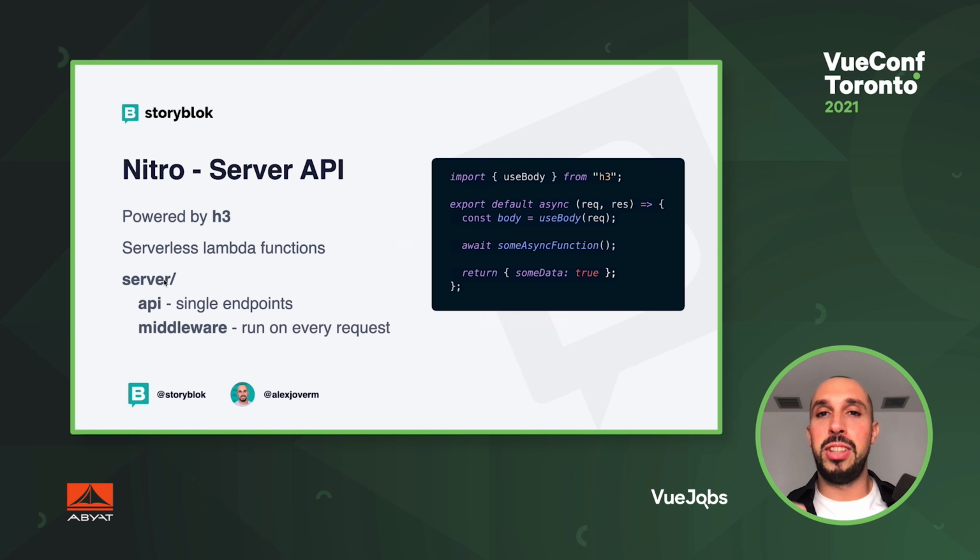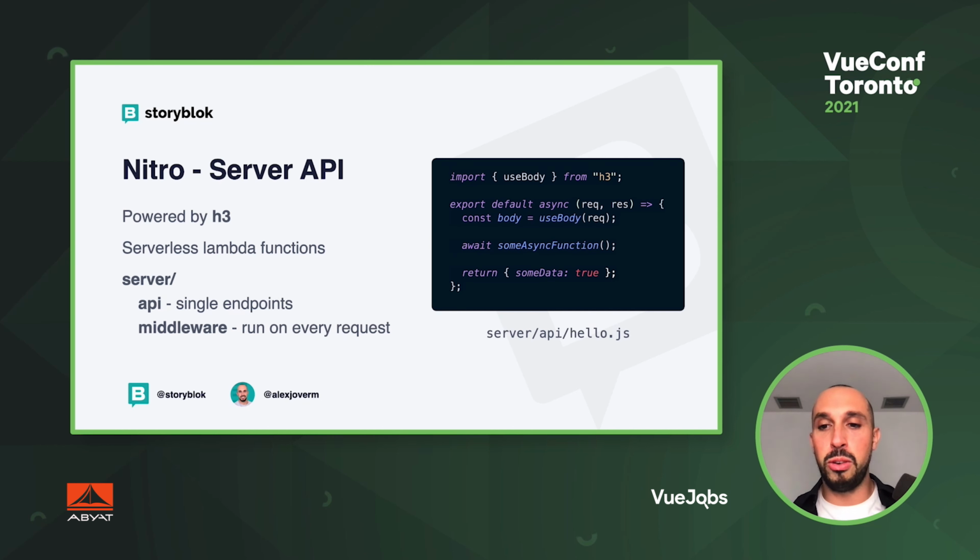The files that you put in API are single endpoints, but the ones you put in middleware are run on every request, just like Express does. The syntax is similar to this one you see on the right. So it's just a normal function where you can use async await. You can use some utilities like useBody, useQuery, useCookies as well, and you just have to return an object. That's all.